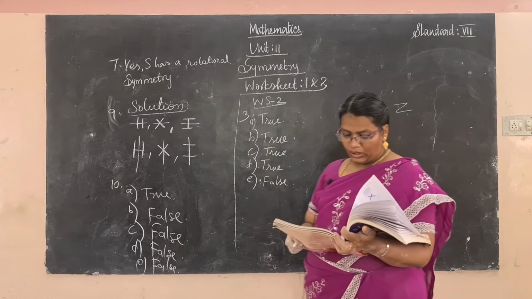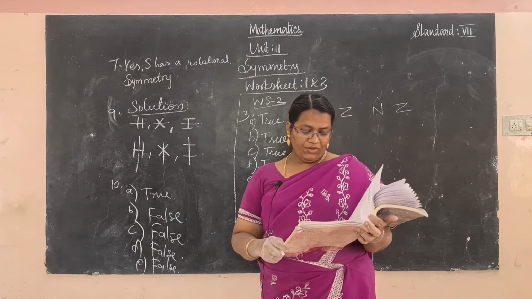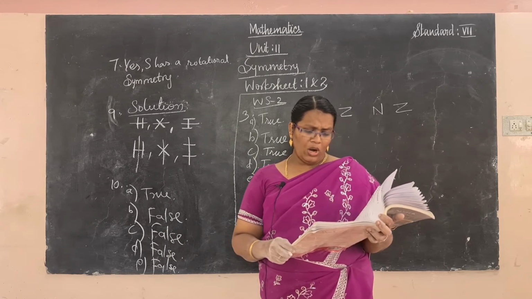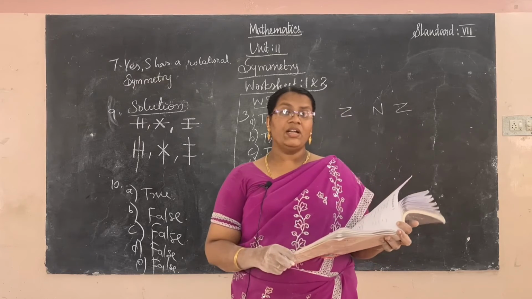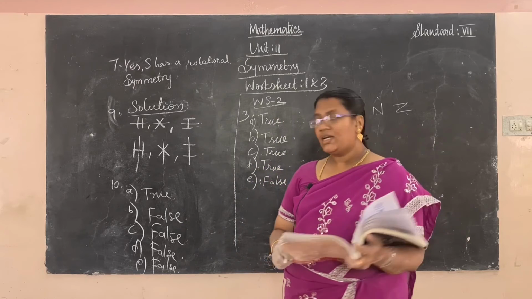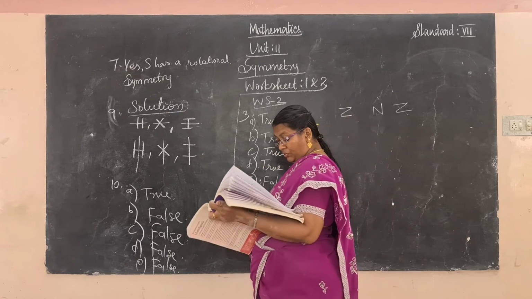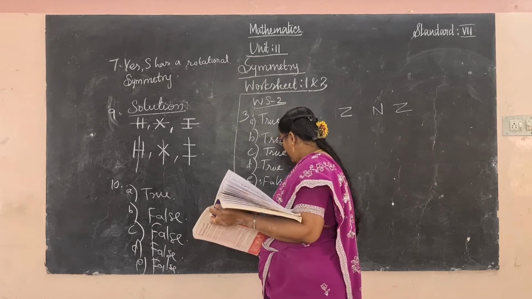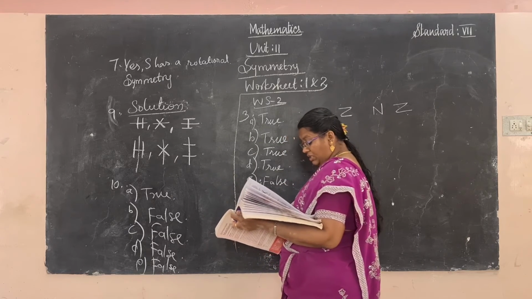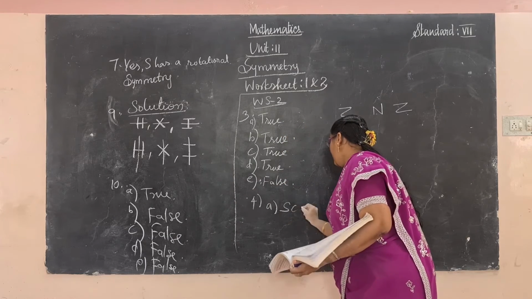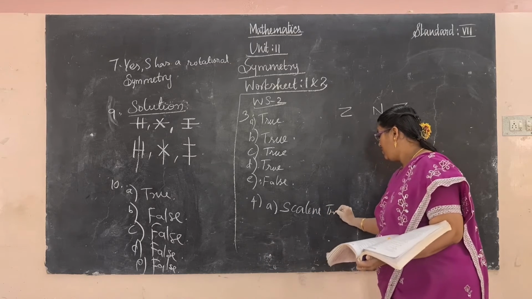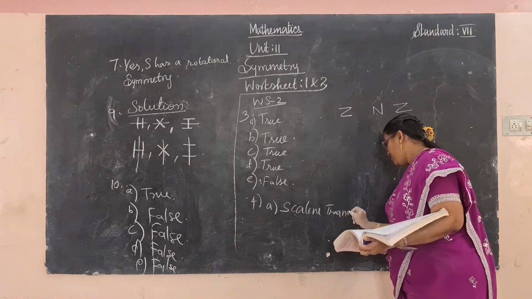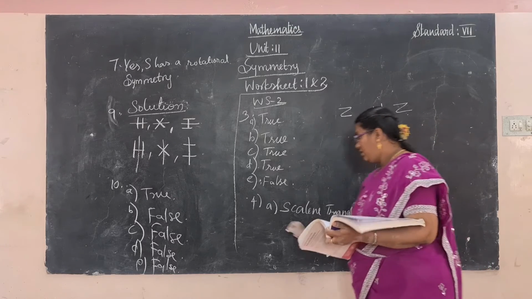Okay. And fourth one. Name the following triangles. No line of symmetry, so scalene triangle. First one, solution: scalene. Scalene triangle.